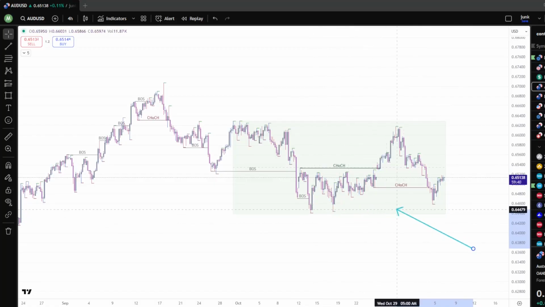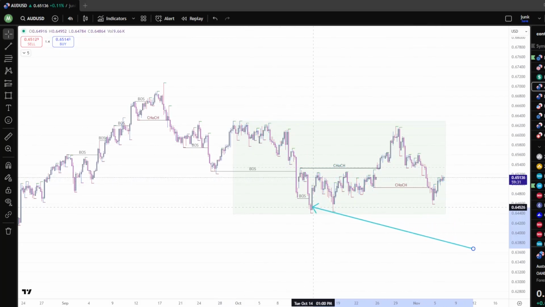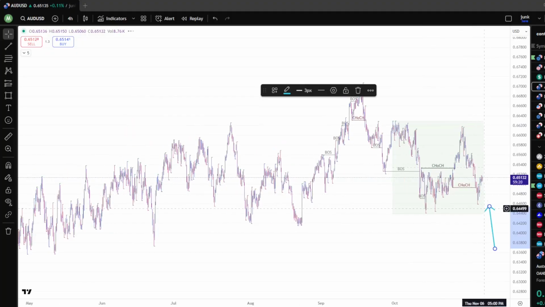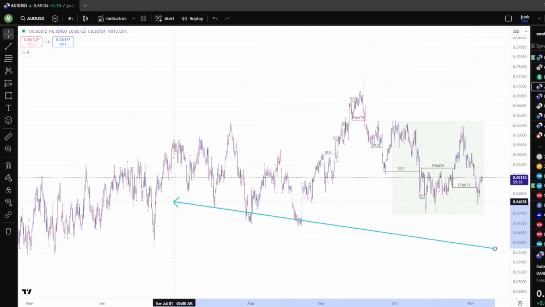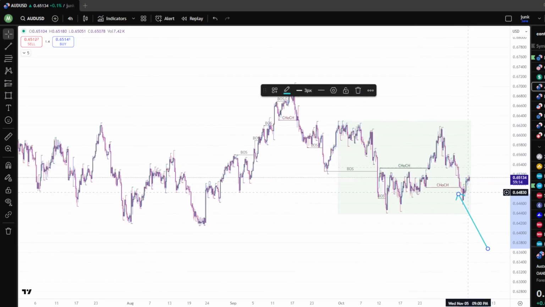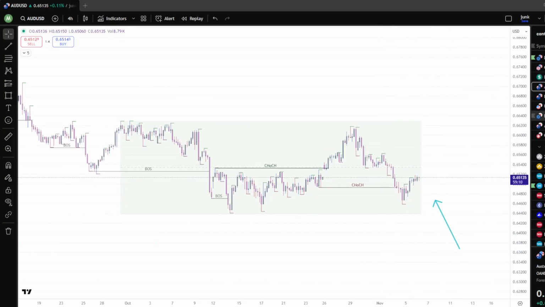Wasn't able to break any lows, so right now still range bound as price broke structure to the upside locally. This was a low made from these highs, and this was a pullback from these lows, and price continued to push down, but hasn't been able to take out these lows. And we know overall with AUD USD, it's just been in a consolidation range, this being support, this being resistance. So waiting to see any type of pickup in momentum in either direction where price will make a decision.